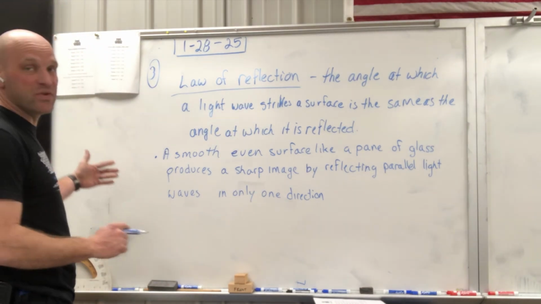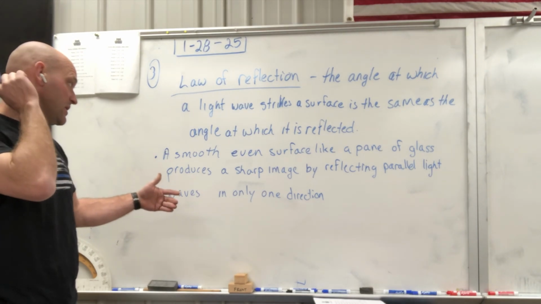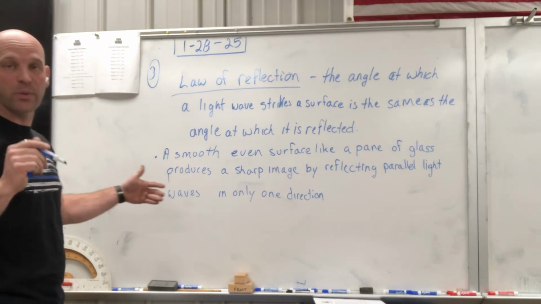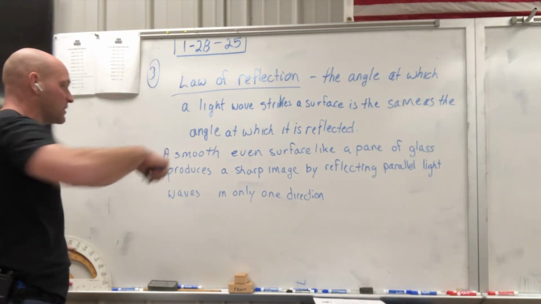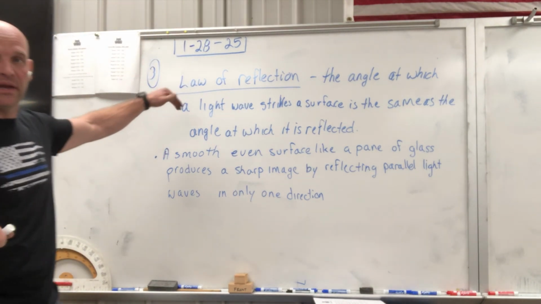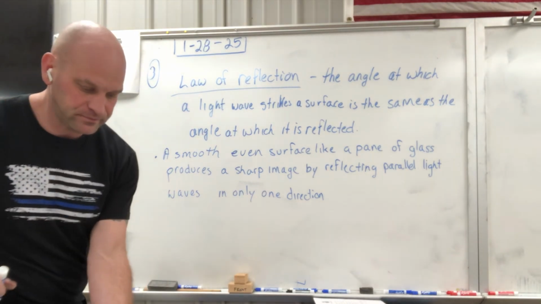So if we have a smooth surface like a pane of glass or a mirror, the image will be sharp because the reflected light will be parallel and only directed in one direction.